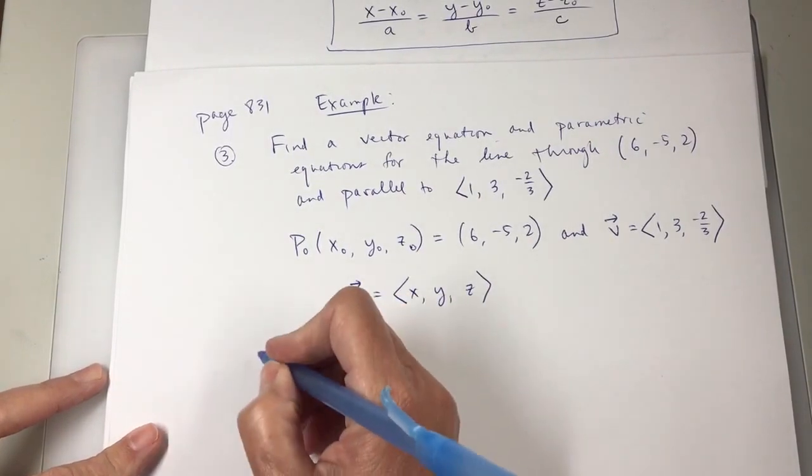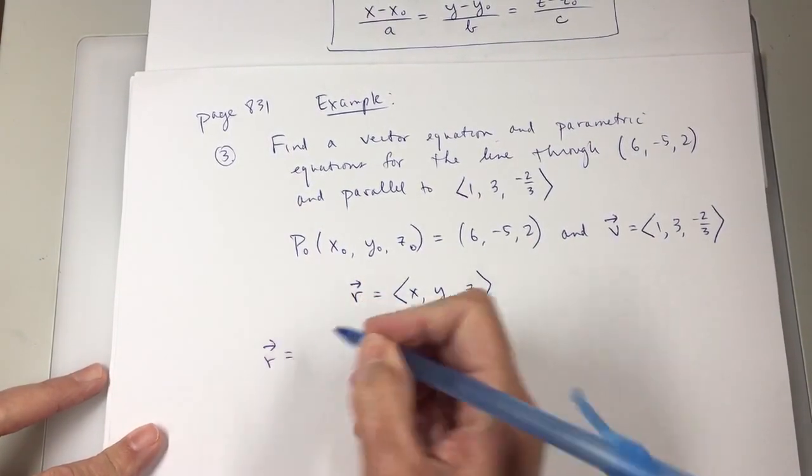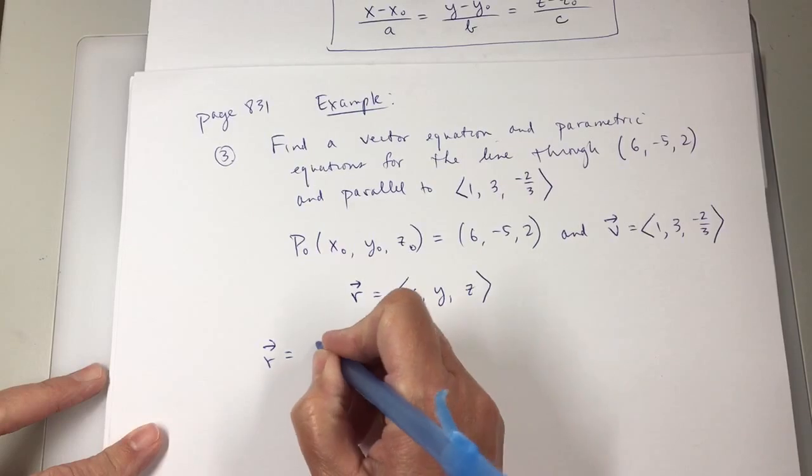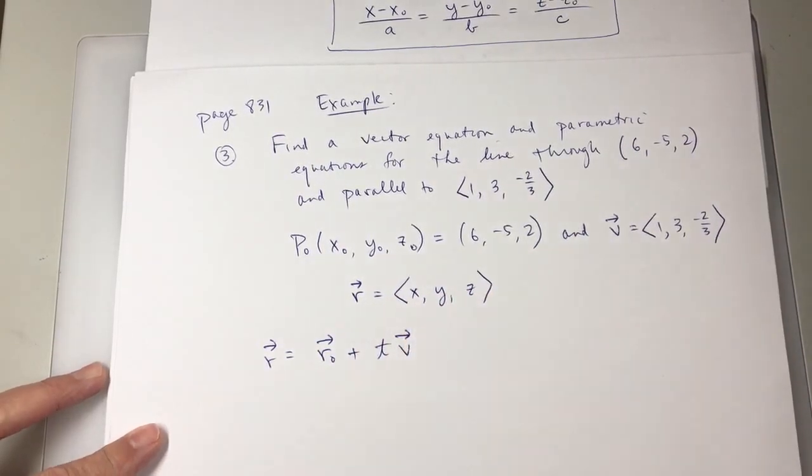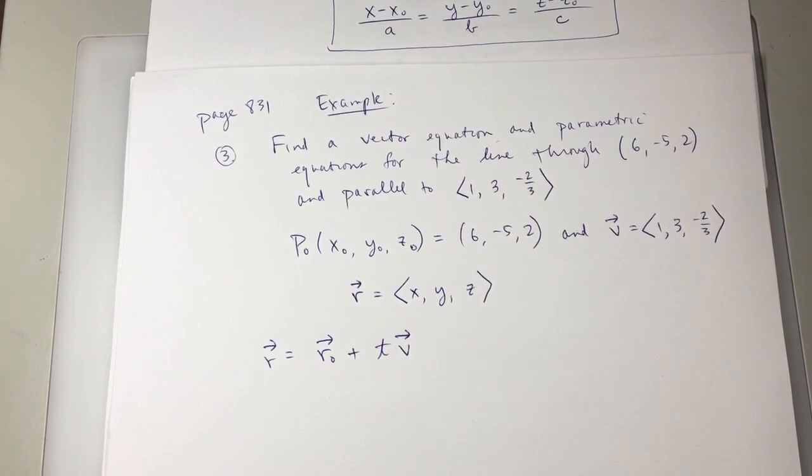Here's the equation. Vector r is vector r sub 0 plus t times vector v. And just plug in there and you'll have the answer, the vector equation.